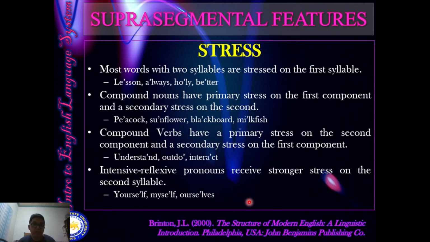Now, compound nouns have primary stress on the first component and a secondary stress on the second, such as peacock, sunflower, blackboard, milkfish, right? And you've noticed that we don't even go downwards automatically on the second stress.